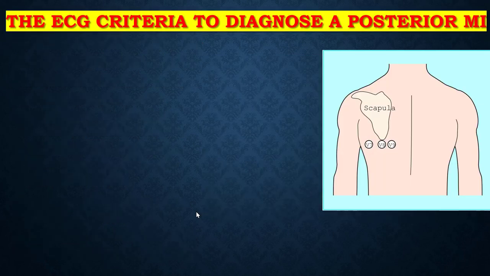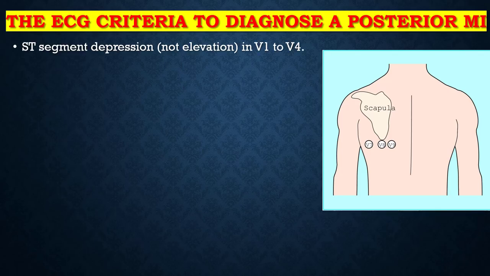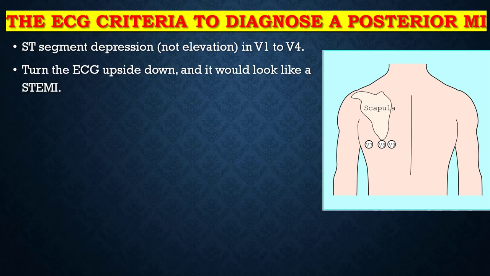The ECG criteria to diagnose a posterior MI: ST segment depression, not elevation, in V1 to V4. In posterior MI, there is ST segment depression in V1 to V4. Turn the ECG upside down and it would look like a STEMI.